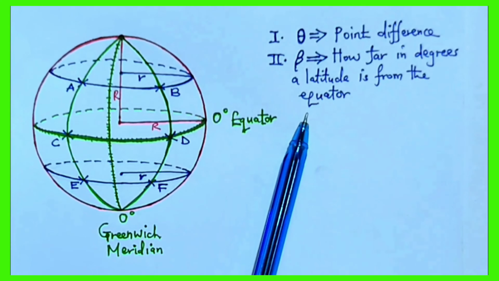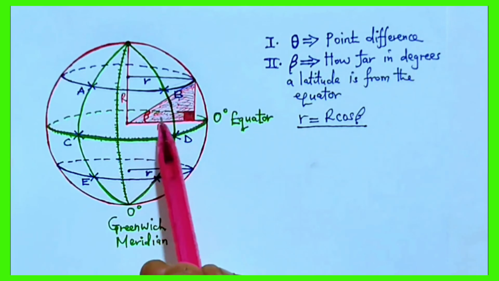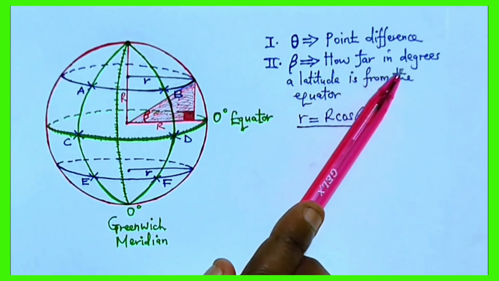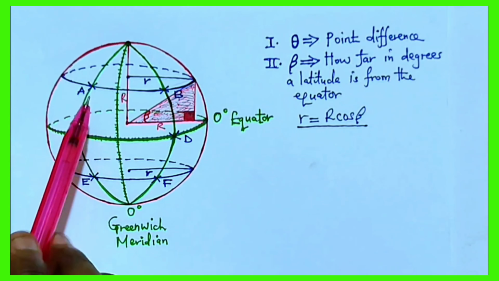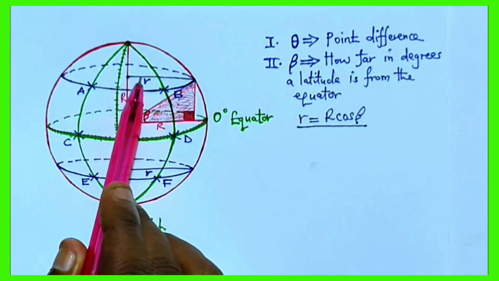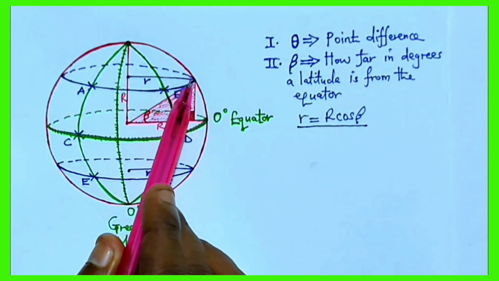Let's consider the following. Looking at my diagram again, I want us to consider this right angle triangle that I've captured here. Now this is where you represent the angle beta, where I've said it is how far in degrees a latitude is from the equator. So I'm assuming I want to find the radius of this latitude, so I'm looking for this small r here.